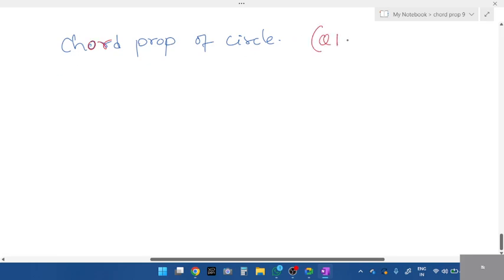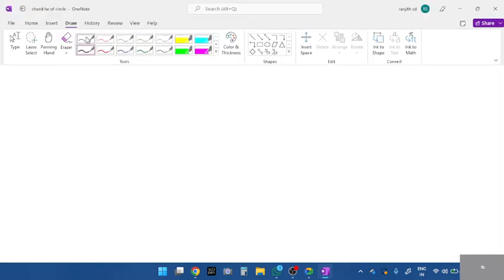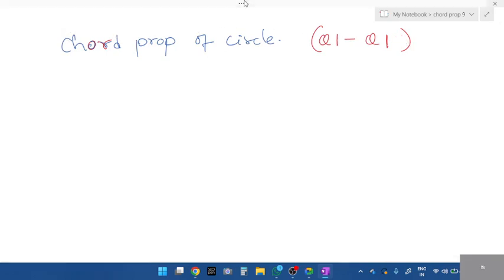How many questions in chord properties, Abigail? 14 or 15? 15. Fine. I'll explain the 15th one. Abigail, can you send a pic of the 15th one? Only the question. Send me the 15th one. Trigonometry, students.